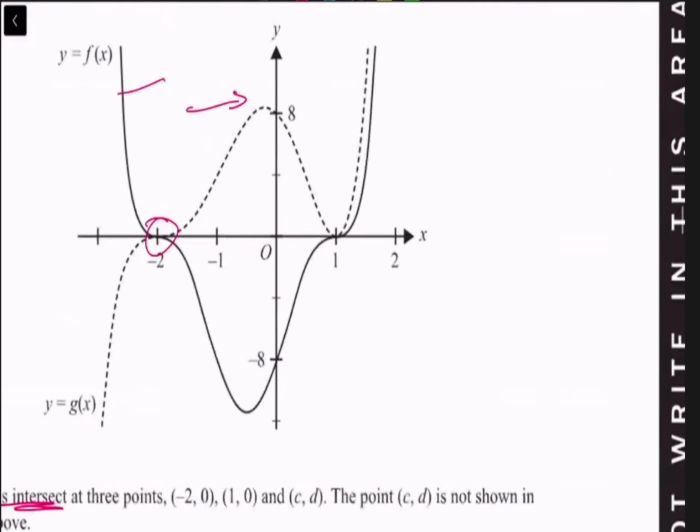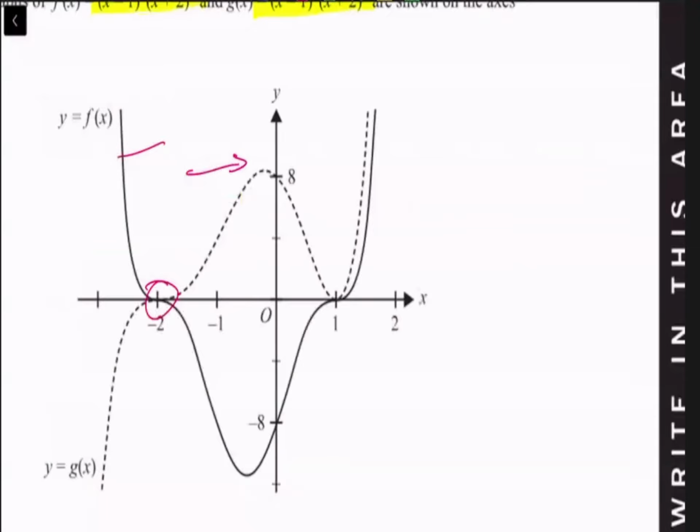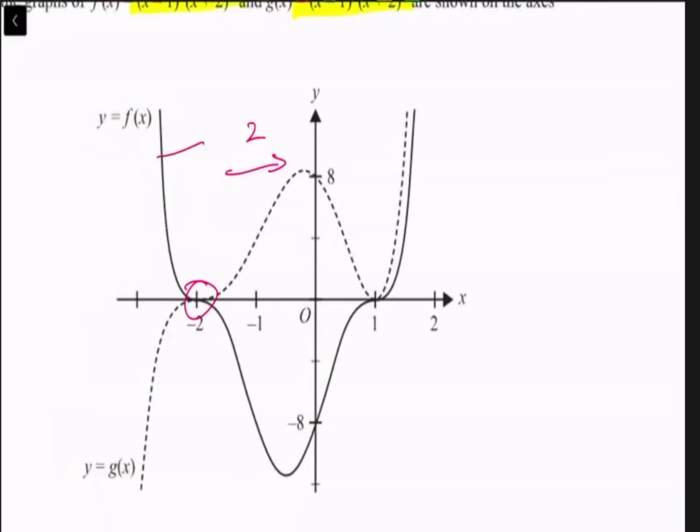For this point, you can move it 2 to the right and an infinite amount to the left. But we can't actually move it an infinite amount to the left, because then this point will start to come past the y-axis, and this will become negative as well. Moving it to the right doesn't matter because this only gets more positive. But moving it to the left, we can only move it a maximum of 1 to the left.